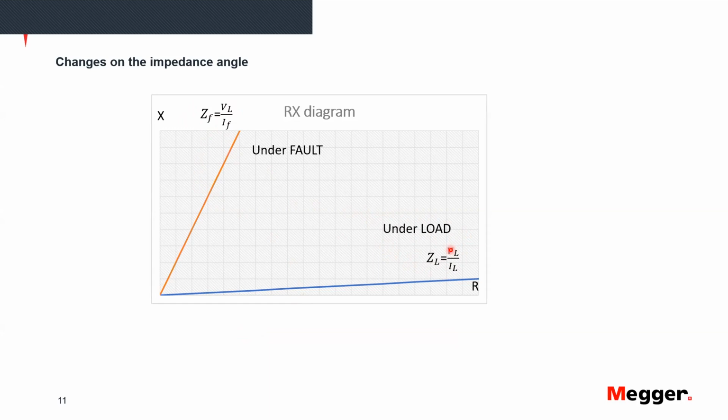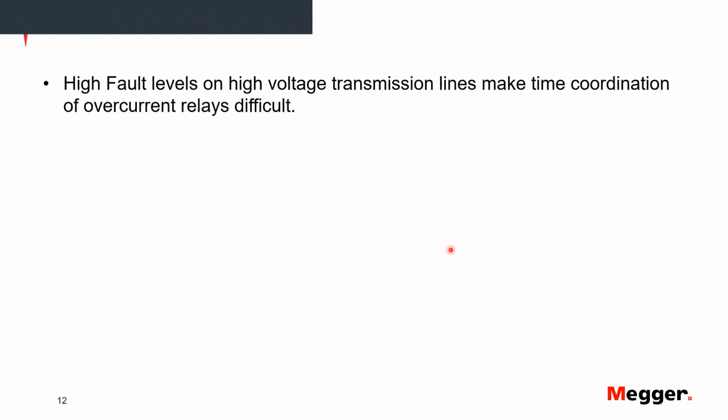Now, before we go into the calculations, I think we can stop here and talk about why we do impedance protection. First, yesterday there was a webinar that we had on overcurrent. For those who were not there, I recommend you go and find the recording and see it.